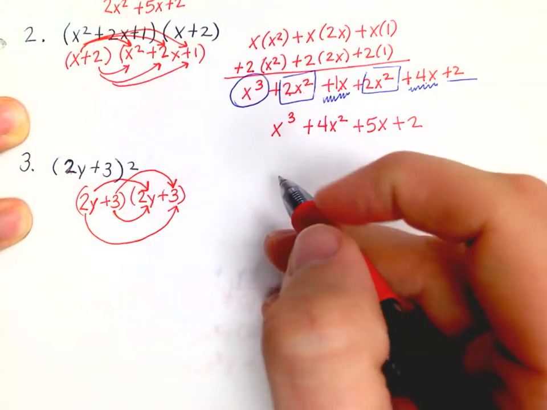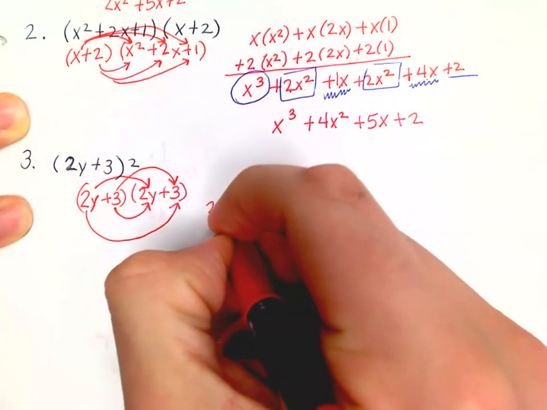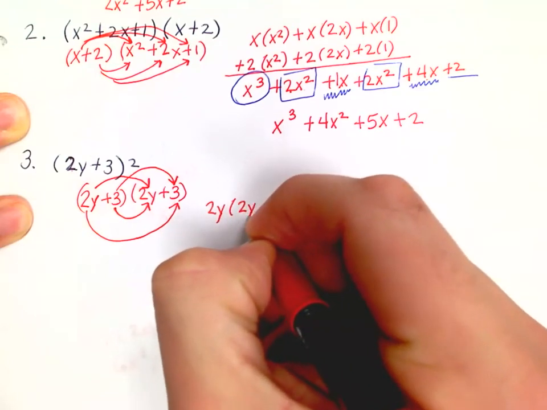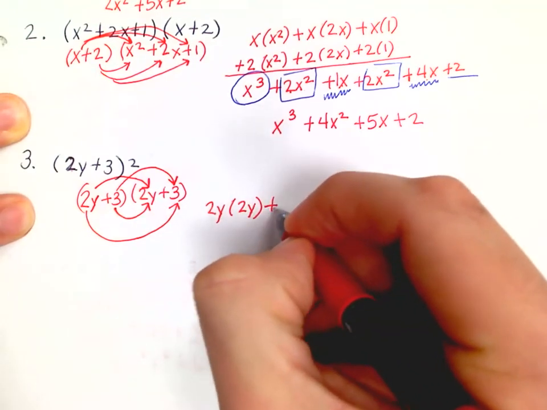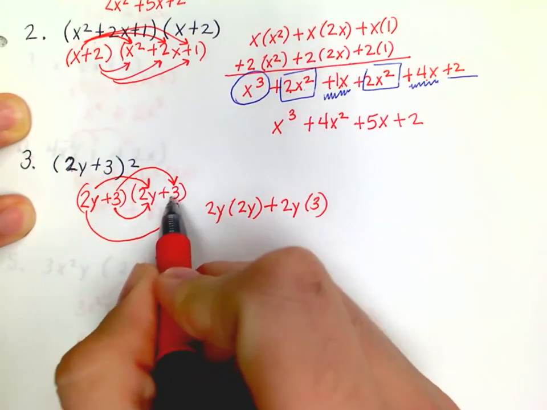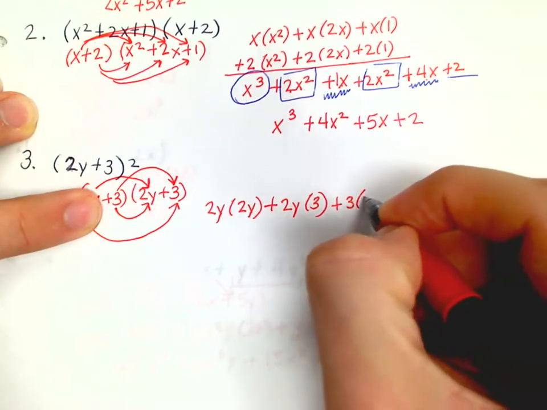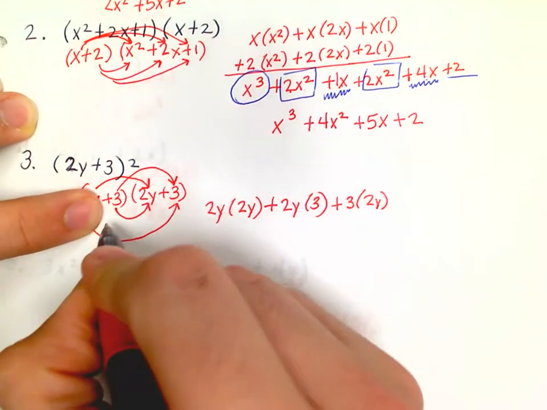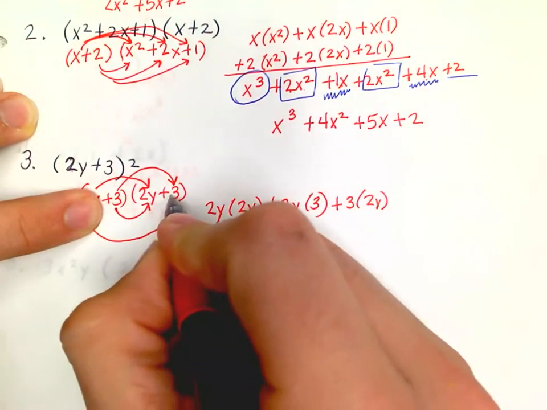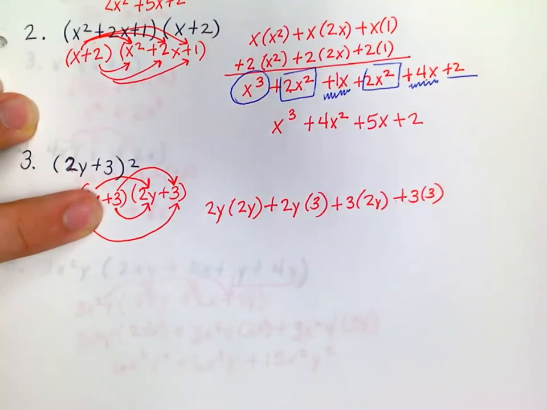And that's going to build the FOIL. So 2y times 2y plus 2y times 3. And then again over here we have a plus 3 times 2y. And finally, we're going to get the last part of FOIL with 3 times 3.